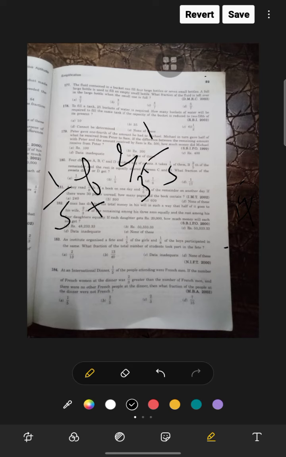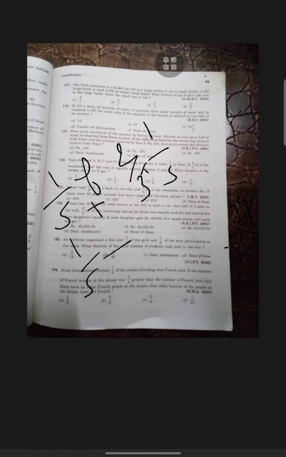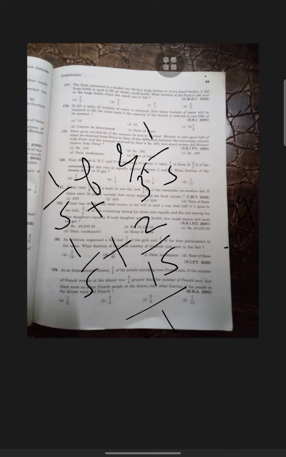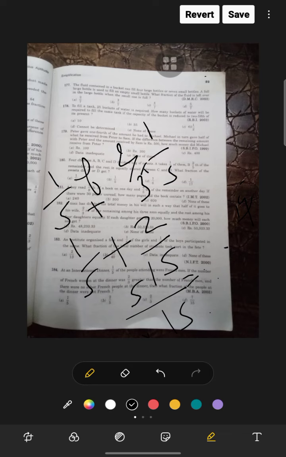Now calculating all this, we will get 1 by 5 plus 2 by 15. So the answer will be 3 by 15 plus 5 by 15. So 1 by 3 will be the answer.